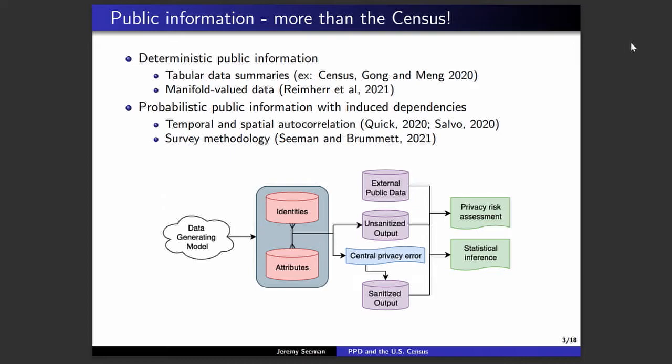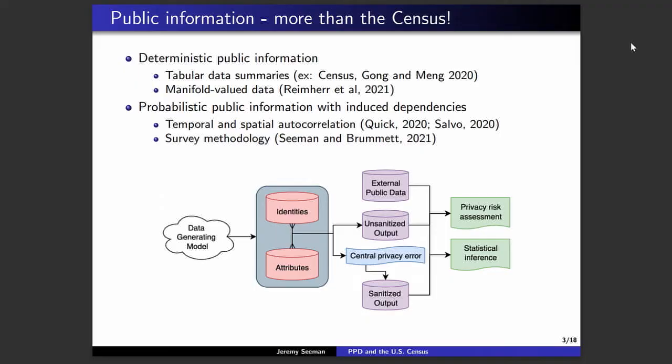This is true of the tabular data summaries we saw with the census, but it's also true of data with implicit constraints. For example, if we're releasing a covariance matrix, we know it lives on a particular manifold. There's also information in the way organizations release data over time, because they're often releasing information about the same sample at different points in time, and they may choose to use a formally private method given that they've already released some information about that population.